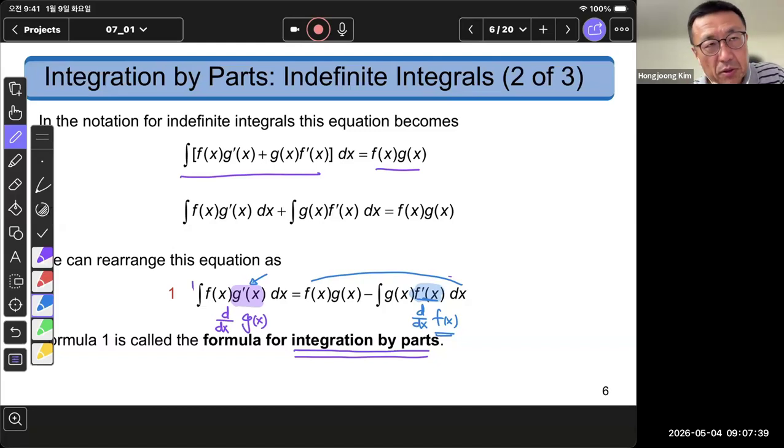Sometimes this will help you in many integration problems.